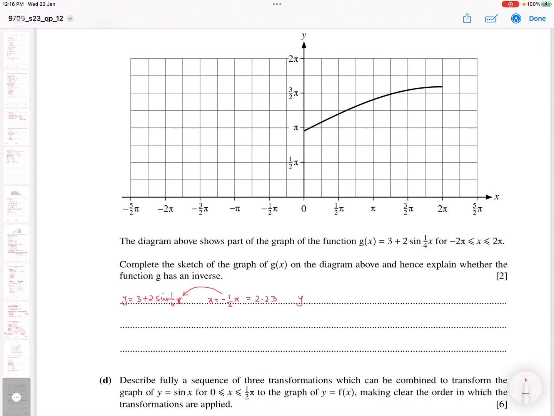And next, y is equal to 3 plus 2 sine of 1 over 4x, and now if I put x is equal to minus pi here, I will get the value 1.59.